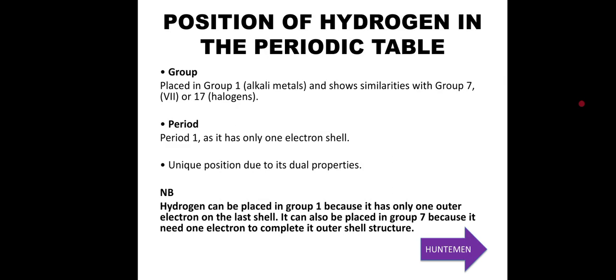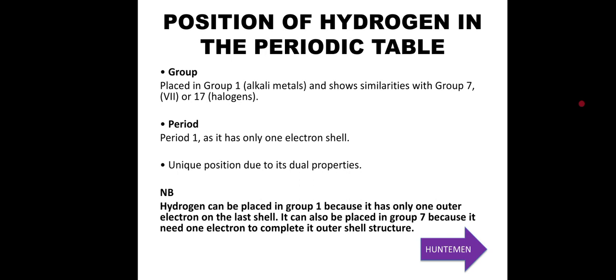Now, when you come to the condition for placing hydrogen in group 7, all group 7 elements, for them to have a complete shell structure, they need one electron for the last shell to be complete. The same feature that the group 7 or group 17 elements, that is the halogens, are exhibiting, the same feature is what hydrogen is also showing.